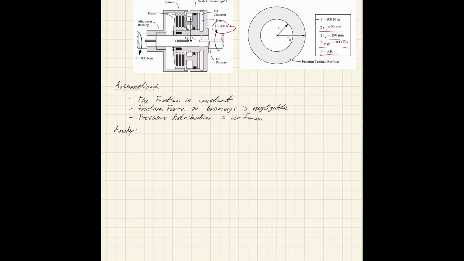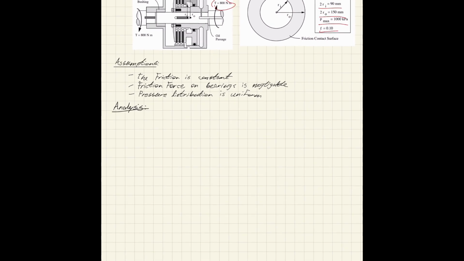So some analysis. Simply, if you remember from the slides that we did, we know that we have this formula where torque is equal to pi times Pmax times initial radius times friction times final radius squared minus initial radius squared times newtons times number of discs.